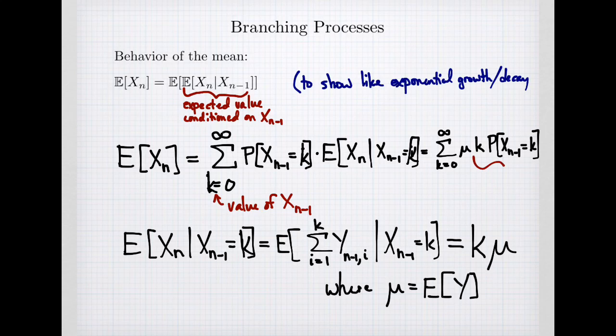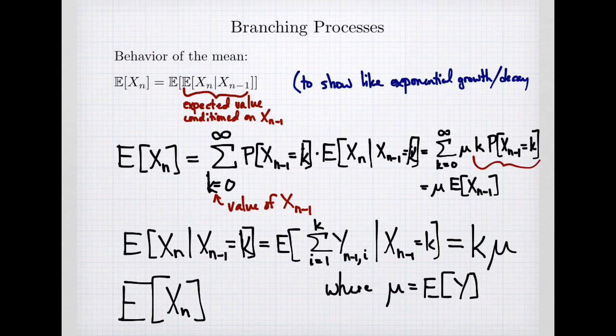And if I take the sum of k times the probability that x sub n minus 1 equals k, that's the expected value of x sub n minus 1. So what we've shown is the expected value of x sub n equals mu times the expected value of x sub n minus 1, and if I use induction or recursion, I discover that the expected value of x sub n is mu to the n, that's the exponential part, times the expected value of x sub 0.